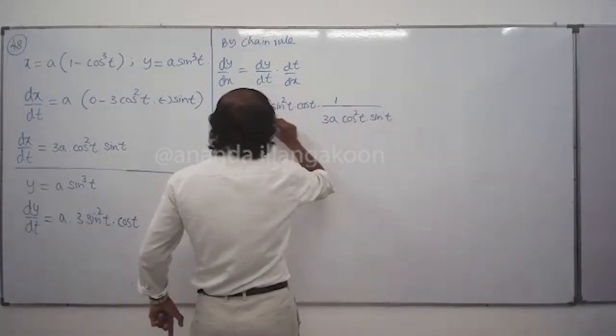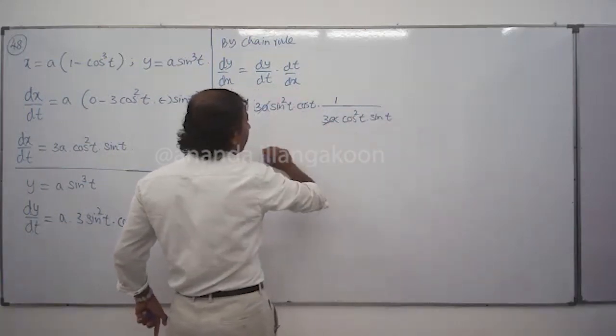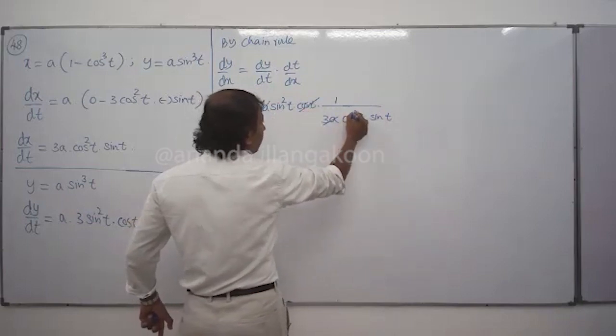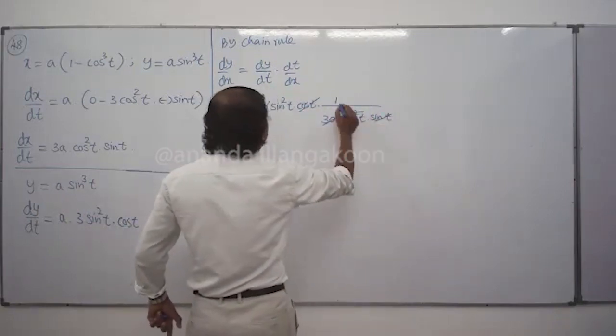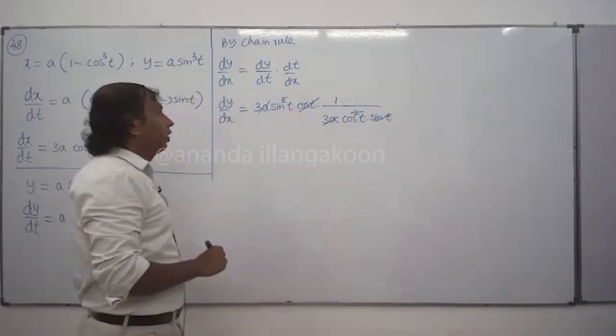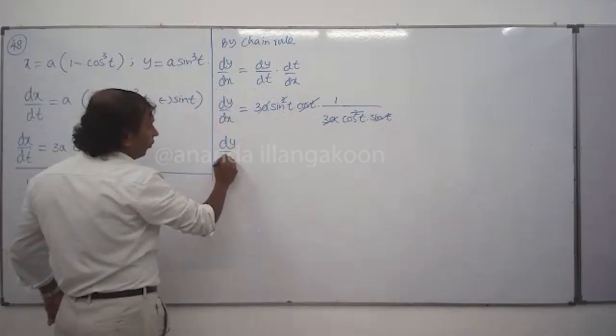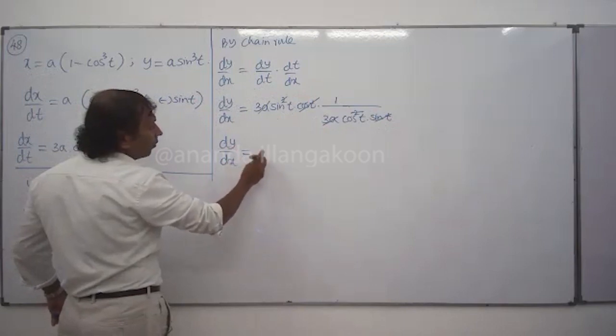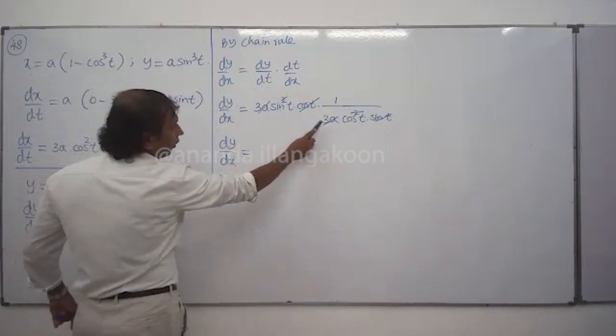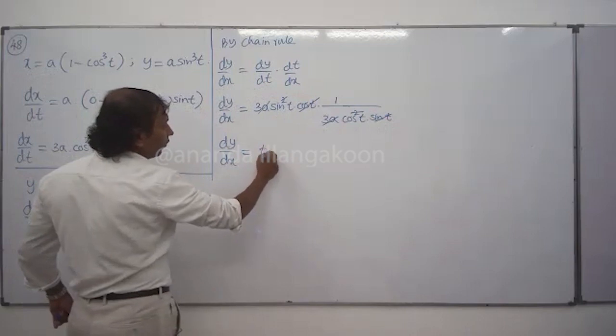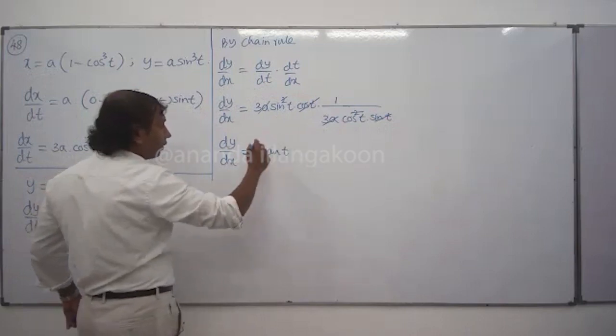Now the 3a cancels, one cos t cancels with the square, and sine t cancels with sine squared t. Then we get dy by dx equals sine t divided by cos t, which is tan t.